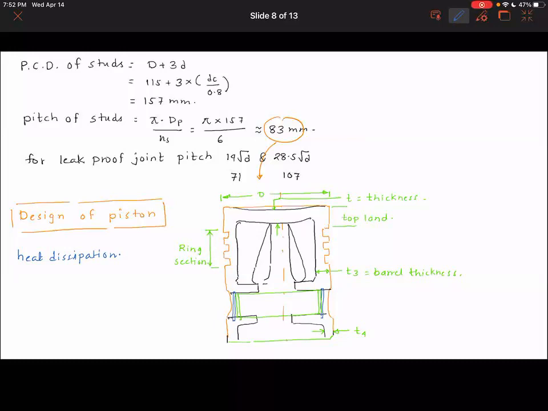So typically you would see pistons made from materials that have good heat conductivity. For example, you can use aluminum pistons, you can use cast steel, cast iron. You don't usually use cast iron because cast iron is a brittle material and it cannot take shocks very well. But you can use alloy steel, or you can use aluminum alloy pistons.